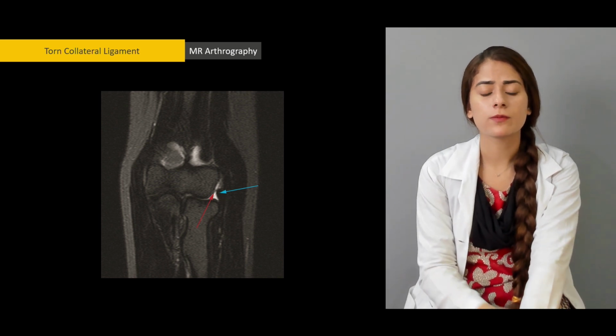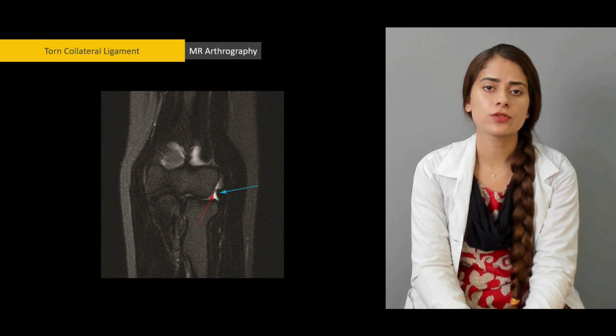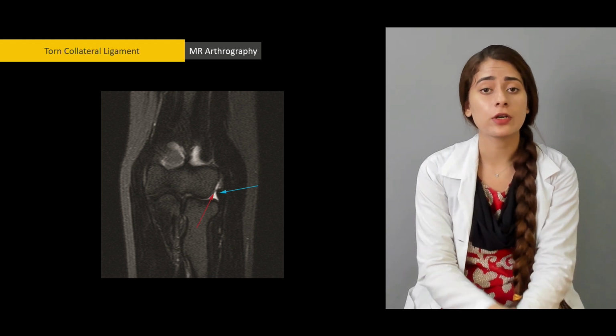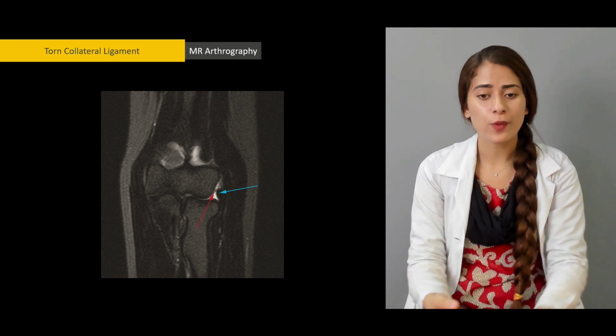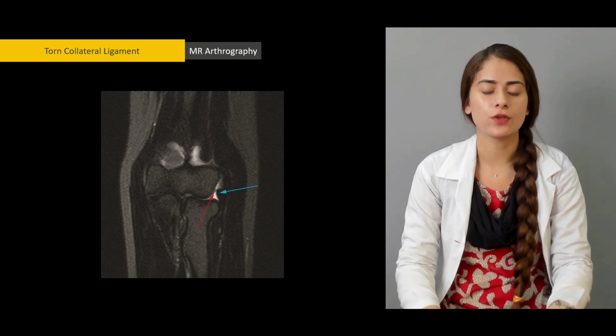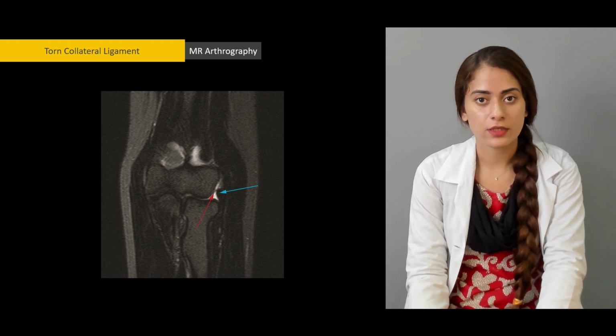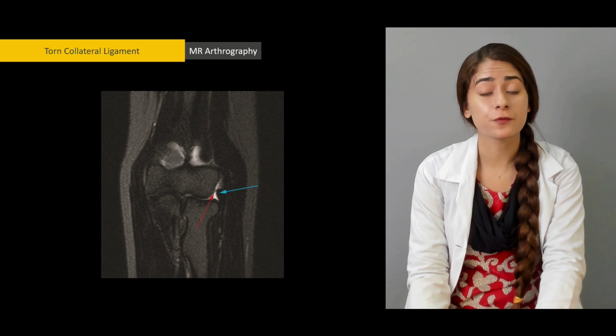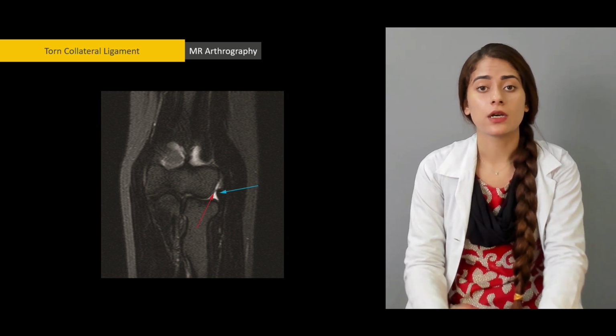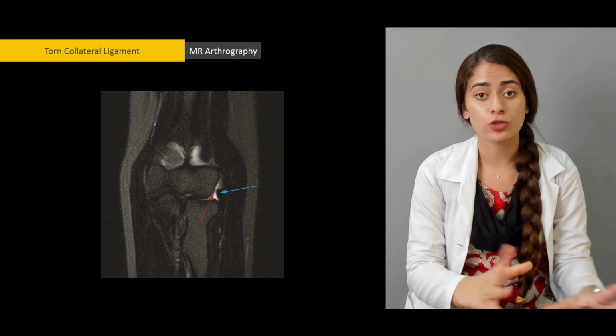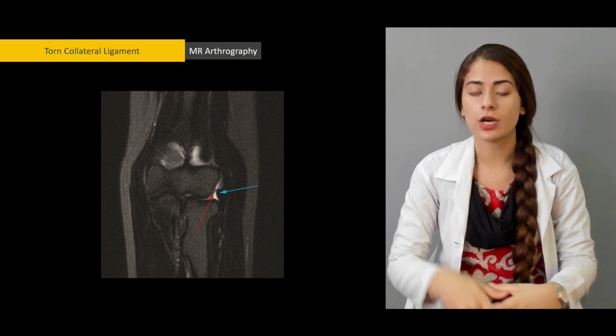So to actually diagnose things on MRI and X-ray, you have to have a detailed history. Otherwise, looking at an image will not give you anything. So always the history will play a part. Different views, different images, different imaging modalities will play their part, and other tests as well.